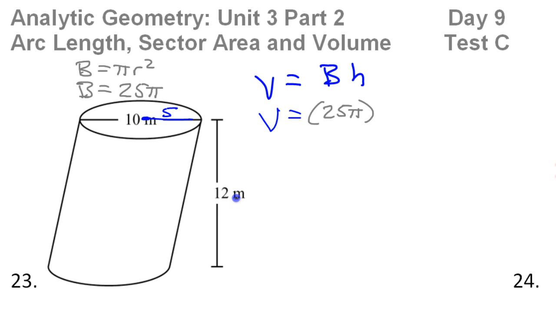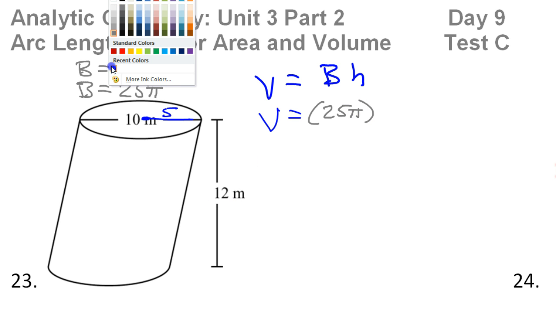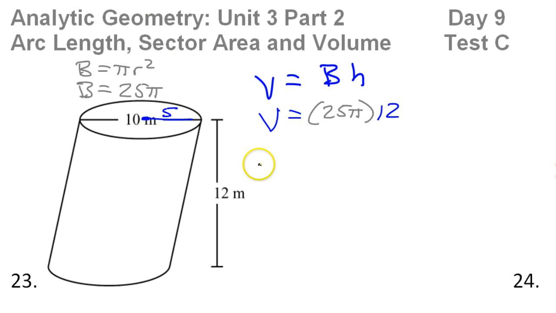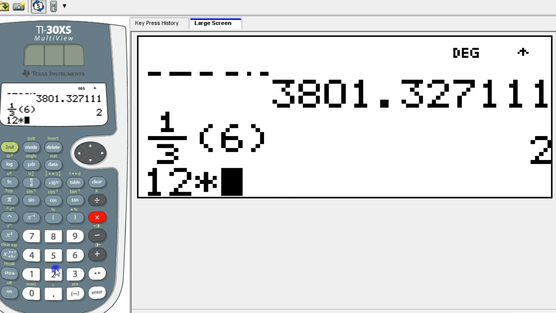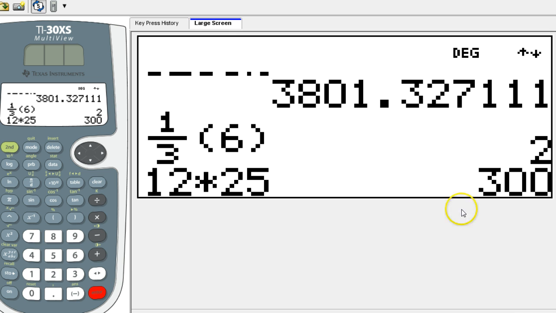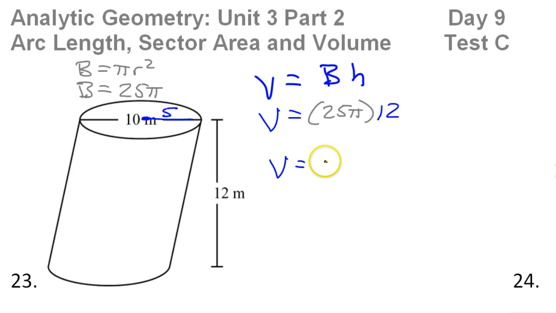Now the height they gave us is 12. So it's just a matter of what's 12 times 25. That's 300. So the volume is 300 pi cubic meters. That's the exact answer.